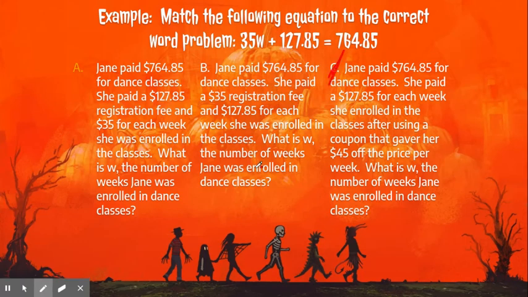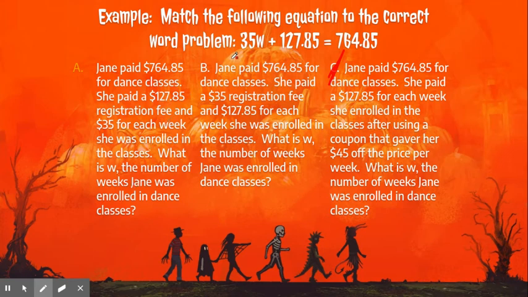Then this one, let's go right. Jane paid $764.85 for dance classes, so that's my total, and that's the same for both of them. She paid a $127.85 registration fee and $35 for each week.